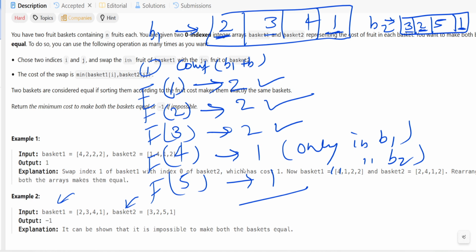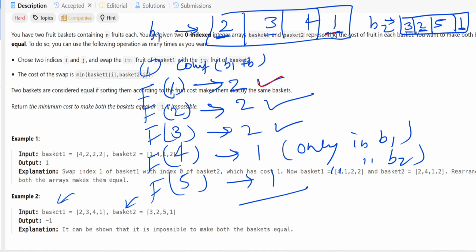Now we need to check which counts are even. To make both baskets identical, each fruit's total count must be even, like we have seen with each fruit's count. So half can go in each basket. Let's understand what I'm trying to say here. If we swap this one, we can swap it because it is even.